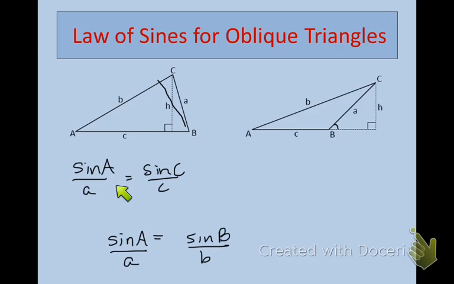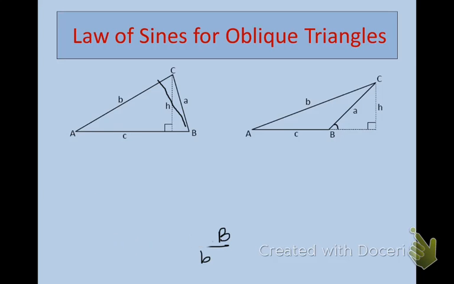Now that I know this, can I link all of these together? Yes. So the law of sines says, and I'm going to put it all together here, that the sine of A over A could equal the sine of B over B could equal the sine of C over C. Notice that I wrote the angles on top.